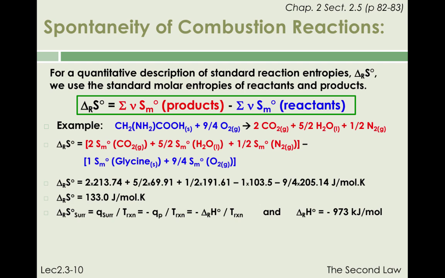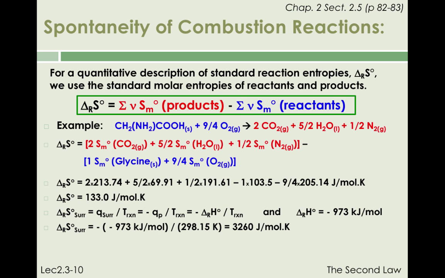For this reaction, calculating the sum of the standard formation enthalpies of products minus those for the reactants, accounting obviously for the stoichiometric coefficients, leads to a value of ΔrH standard of minus 973 kilojoules per mole of reaction equation.